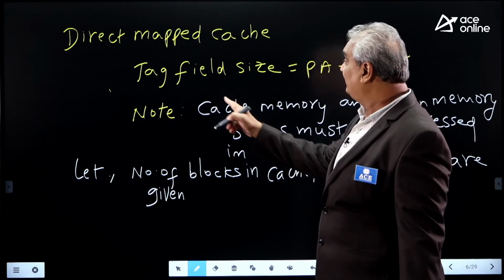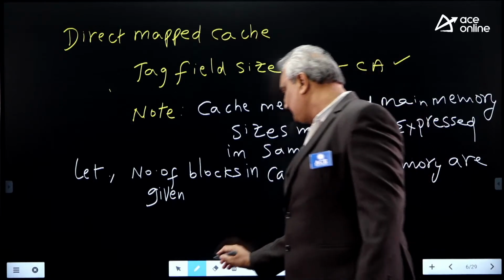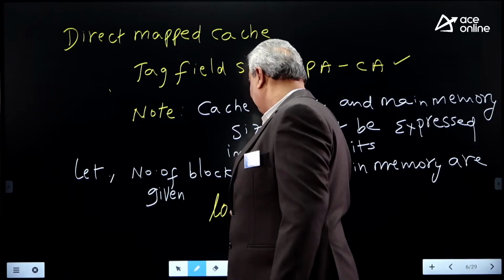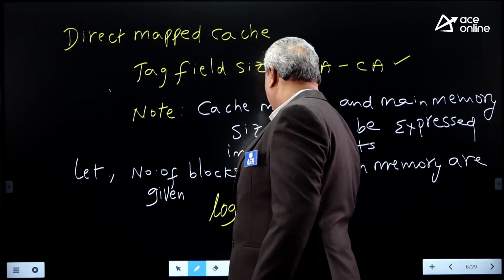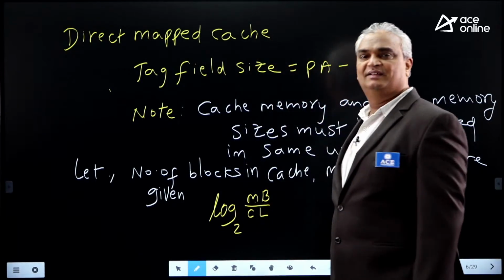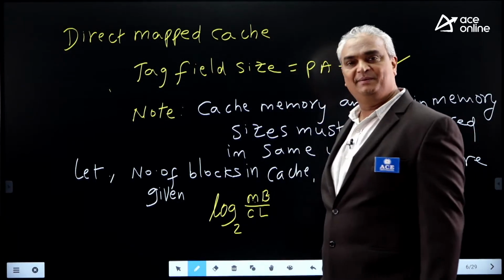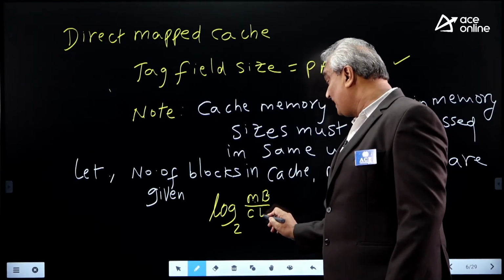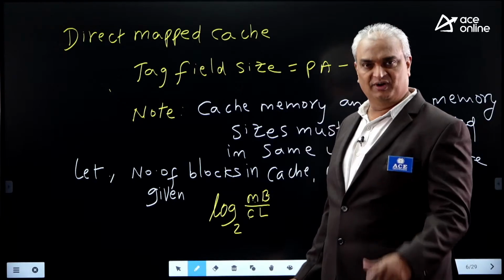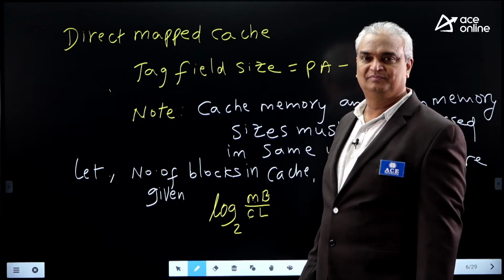Then what is the tag field size expression for this? A simple expression: log MB by CL with base 2. What is MB? The number of blocks in main memory. What is CL? The number of lines in cache memory. One cache block is also known as one cache line.